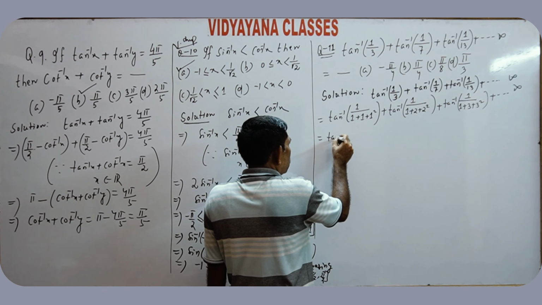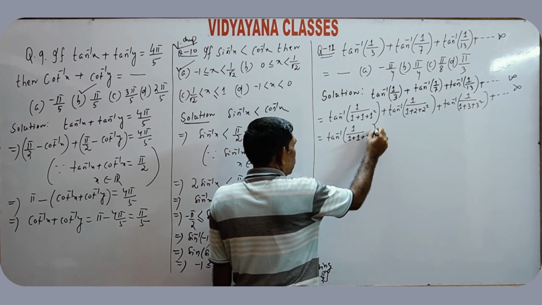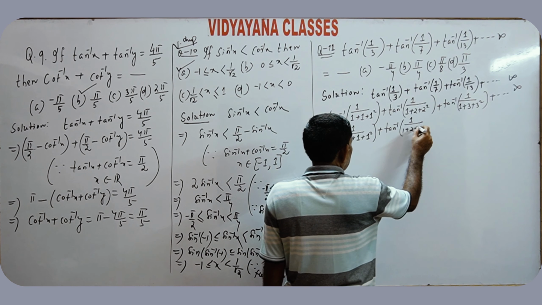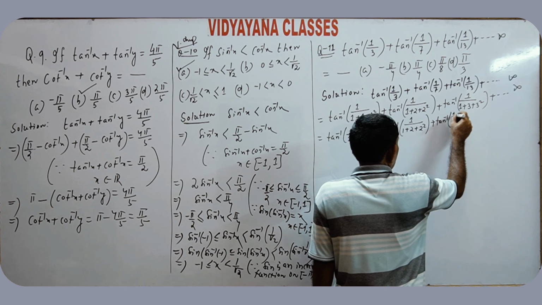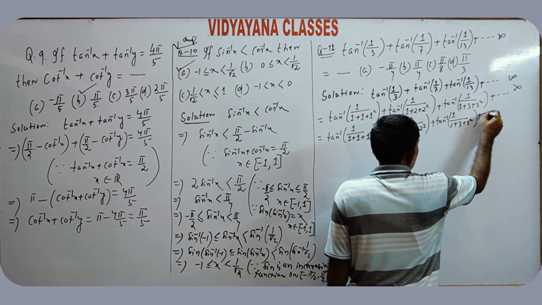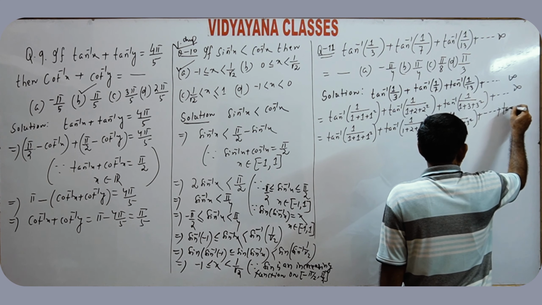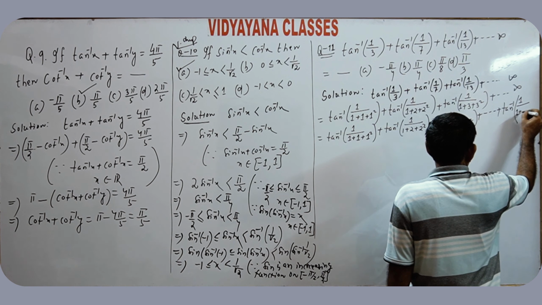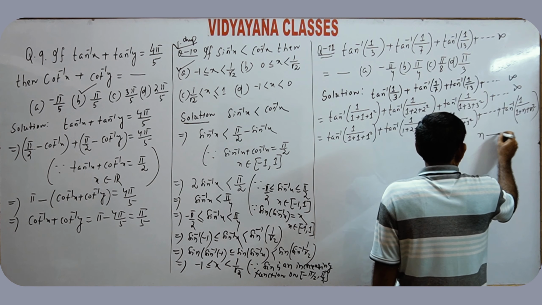Tan inverse 1 divided by 1 plus 1 plus 1 square, plus tan inverse 1 divided by 1 plus 2 plus 2 square, plus tan inverse 1 divided by 1 plus 3 plus 3 square, plus dotted, plus tan inverse 1 divided by 1 plus n plus n square, n tends to infinity.